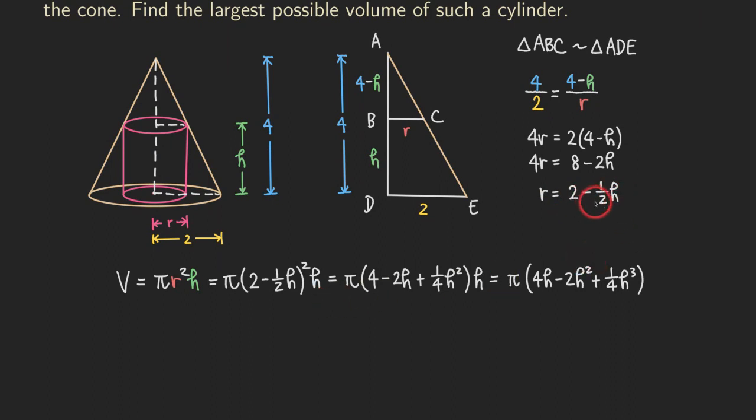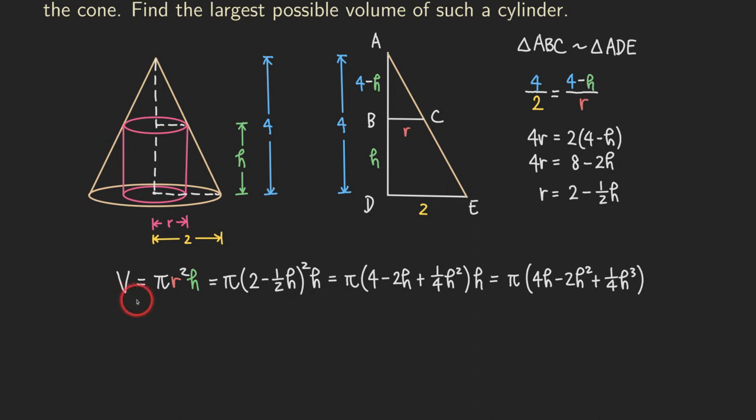Based on here, you cannot choose an H value that's too large, because once you choose H to be a number greater than 4, then you're going to get a negative value for R. So you know that H cannot be greater than or equal to 4. But anyway, let's continue with the problem.